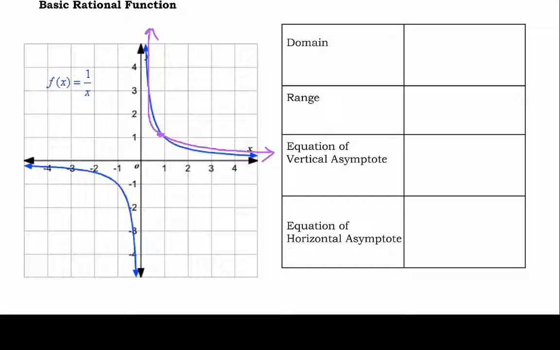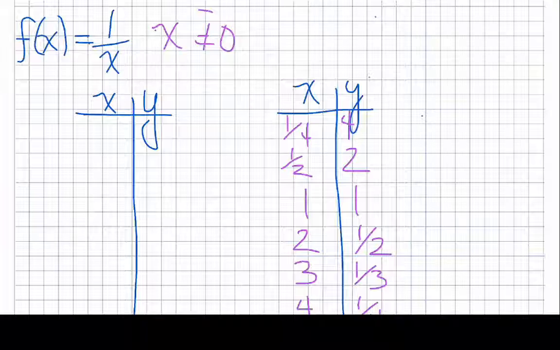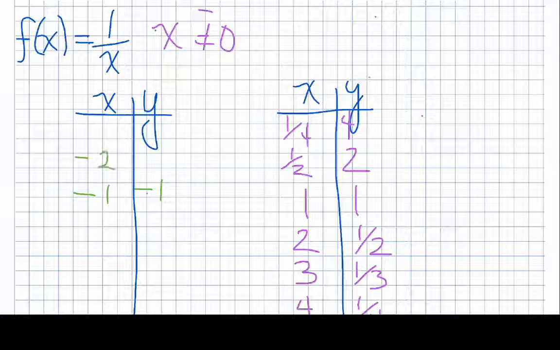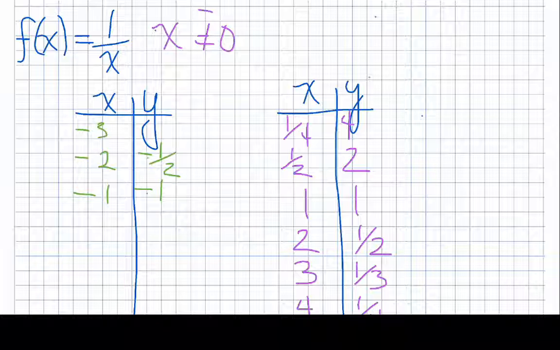And of course, we're going to see the same thing on the negative side. If x was -1, then y would be -1. If x was -2, then y would be -1/2. If x was -3, then y would be -1/3, and so on.